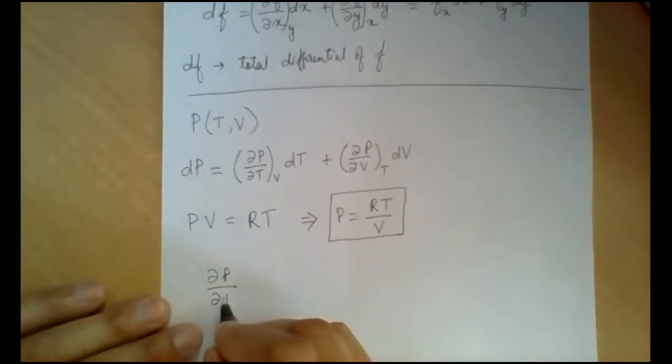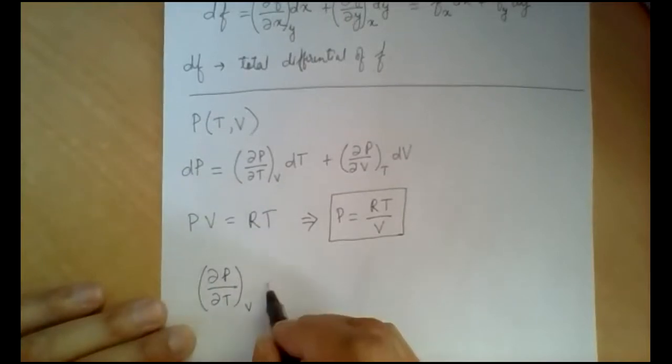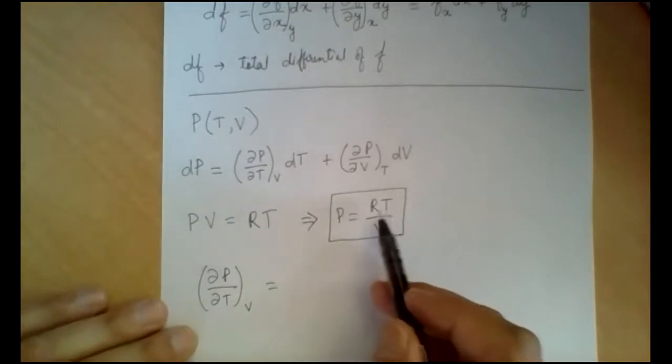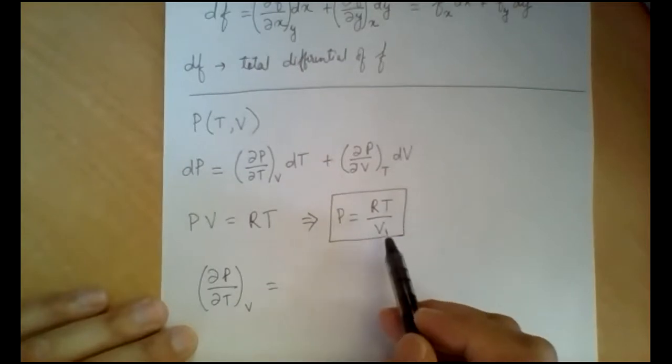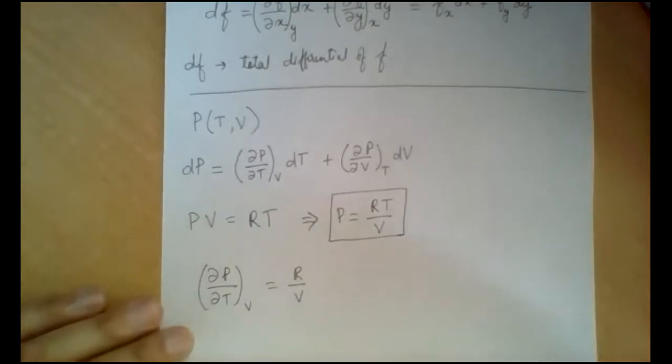Let us first calculate del P by del T at constant volume. You differentiate this with respect to the temperature T, keeping the volume fixed. This is nothing but R by V. Very simple.